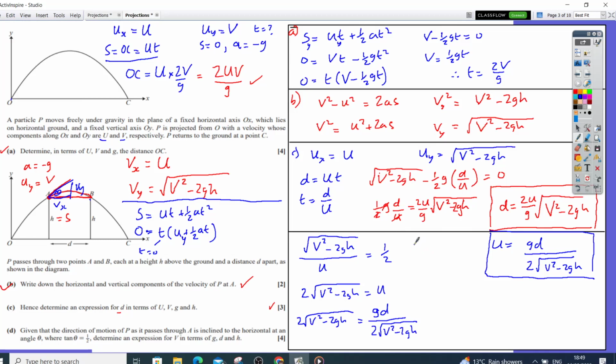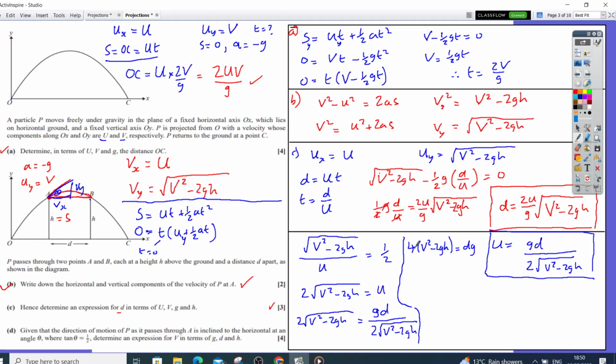So let's just times that up. So that's going to give me 4 in brackets v squared minus 2gh, and that's going to equal dg. Okay, just rearrange them that way.